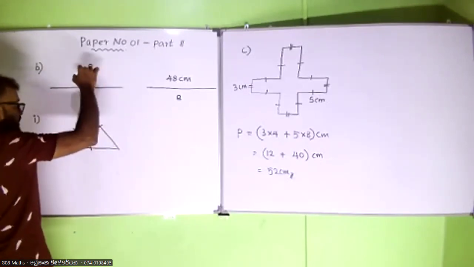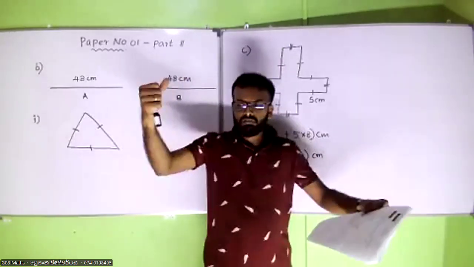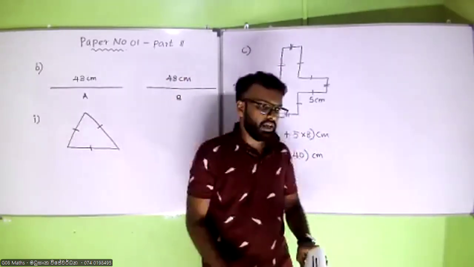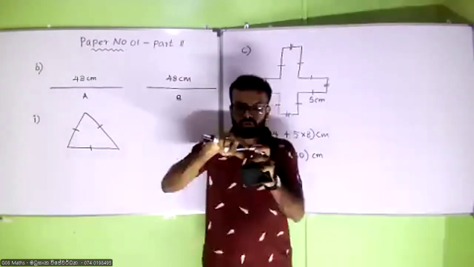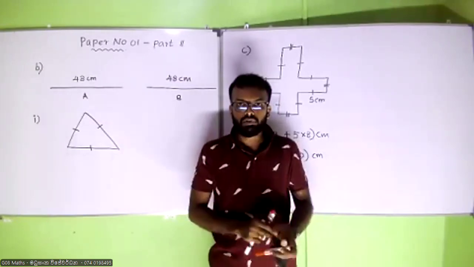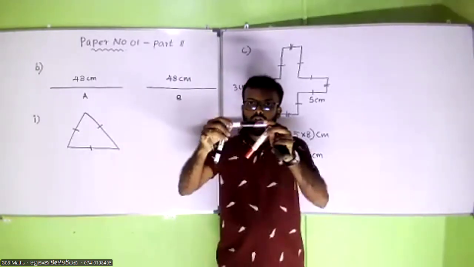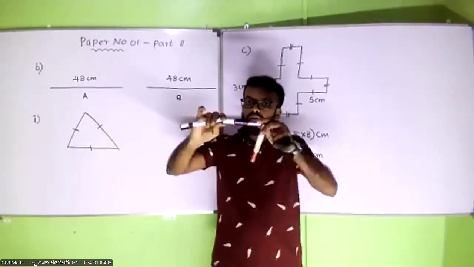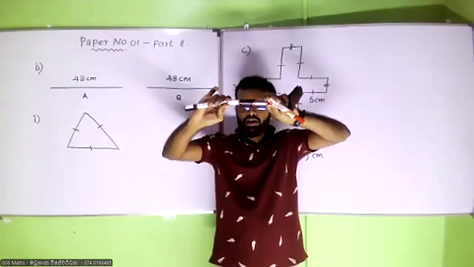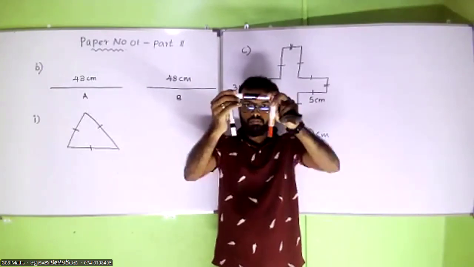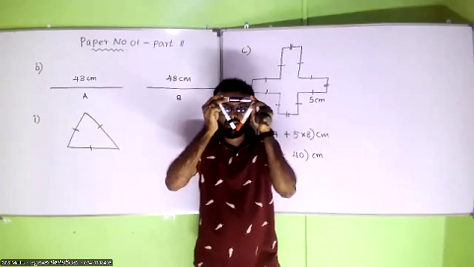So this is my wire A. Now I have taken my wire A and I will fold it like I am having an equilateral triangle like this way. Now this is my 48 centimeter wire, all together, and I am going to fold it in order to have an equilateral triangle like this.